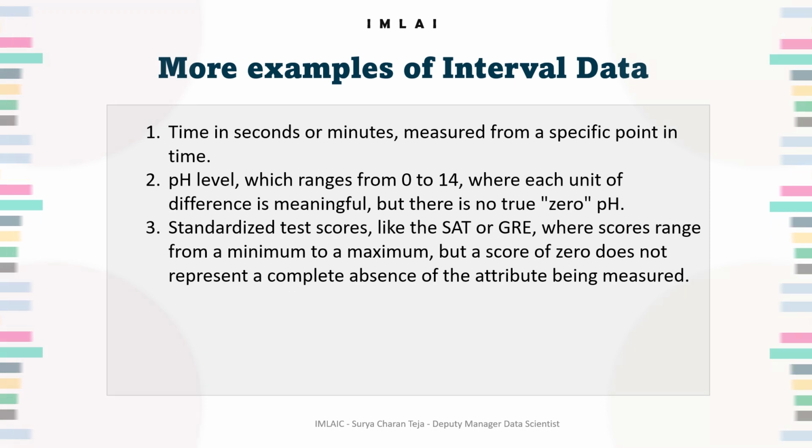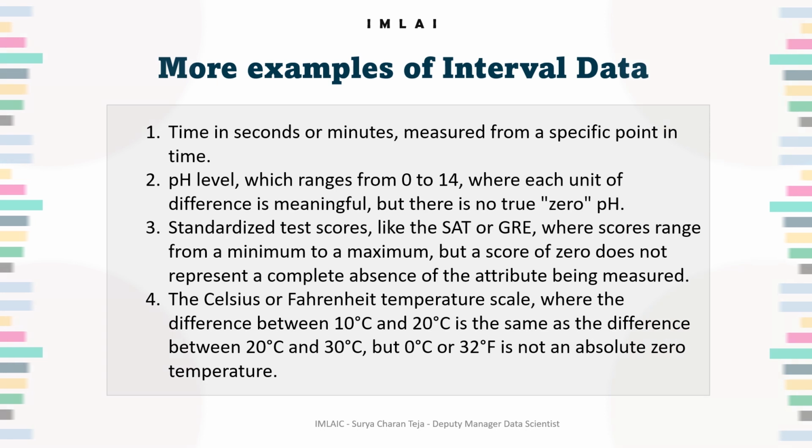And then the fourth one, the Celsius or Fahrenheit temperature scale, where the difference between 10 degrees and 20 degrees is the same as the difference between 20 degrees and 30 degrees, but 0 degrees Celsius or 32 degrees Fahrenheit is not an absolute zero temperature. So 0 degrees means it's low and cold.